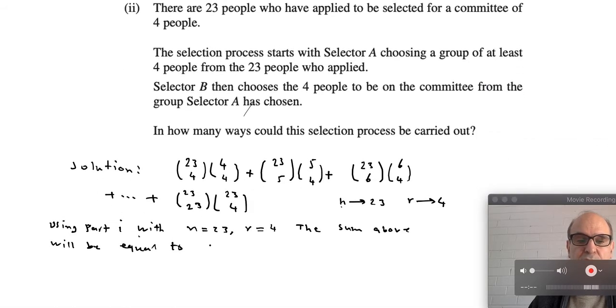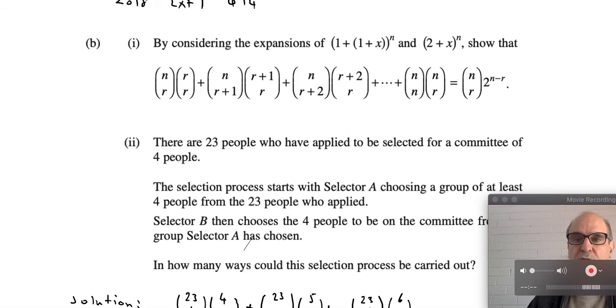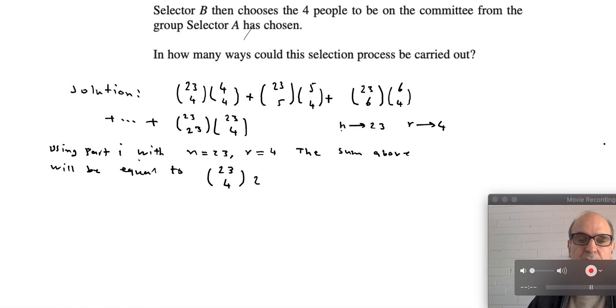So it's going to be 23 choose 4, and then 2 to the power of n minus r, 23 minus 4, which is 19. So 2 to the power of 19. That is your answer: 23 choose 4 times 2 to the power of 19.